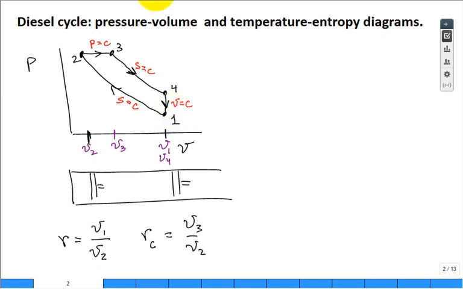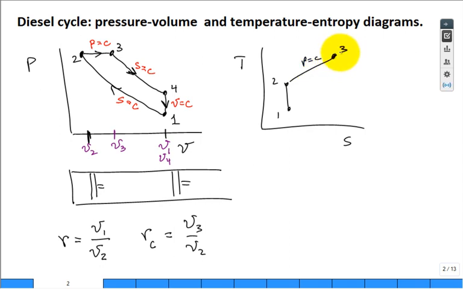Let's go ahead and sketch it now on a temperature-entropy diagram. Temperature-entropy. So from 1 to 2, it's isentropic. And then we have the constant pressure heat addition out to state 3, our maximum temperature. Then we're going to go down to state 4, isentropic.